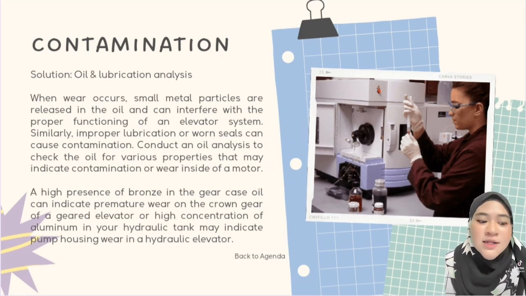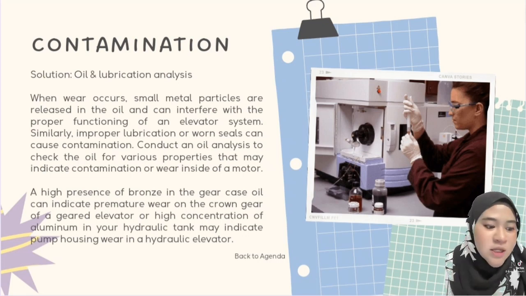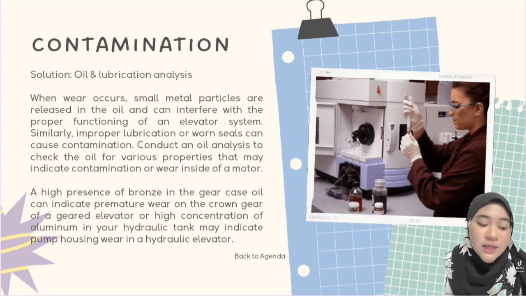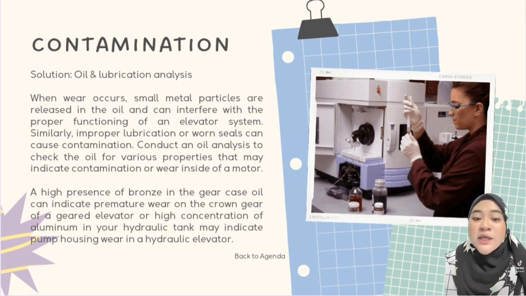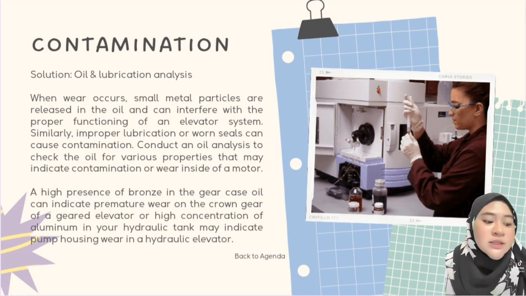Conduct an oil analysis to check the oil for various properties that may indicate contamination or wear inside the motor. A high percentage of bronze in the gear case oil can indicate premature wear on the crown gear of a traction elevator, or high concentrations of aluminum in the hydraulic tank may indicate pump housing wear in a hydraulic elevator.